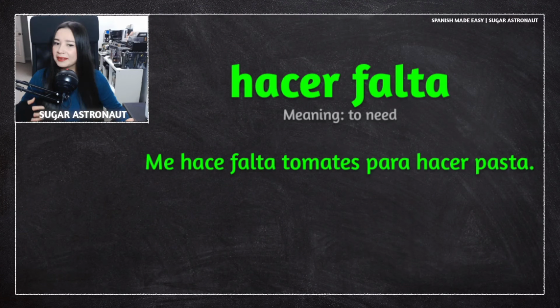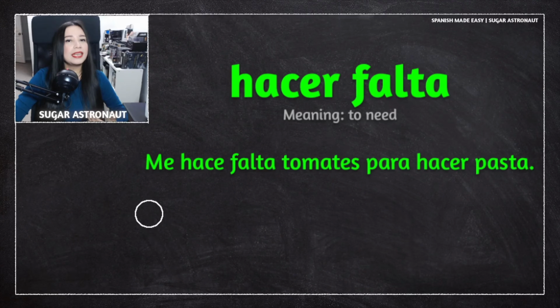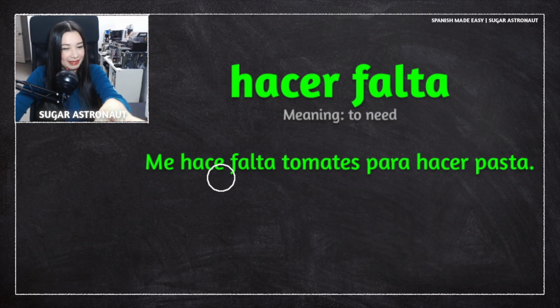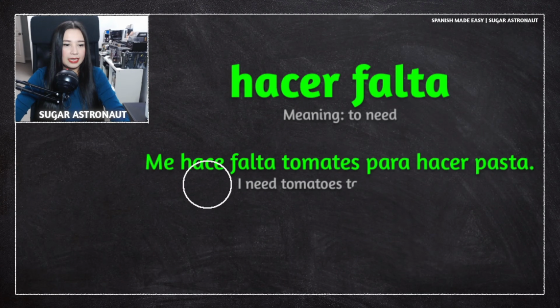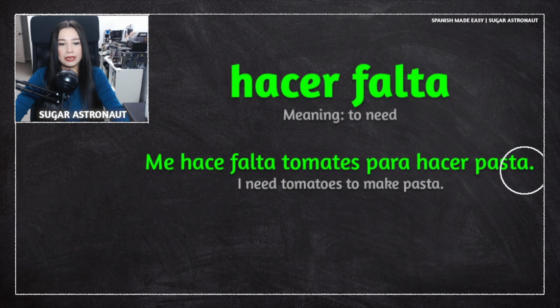Tomates, tomatoes, pasta. So what's the meaning of this? What do we need? We probably need tomatoes to make pasta. That's what it seems to be, right? So this means I need tomatoes to make pasta.